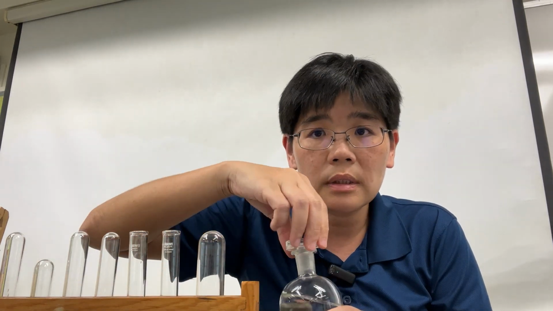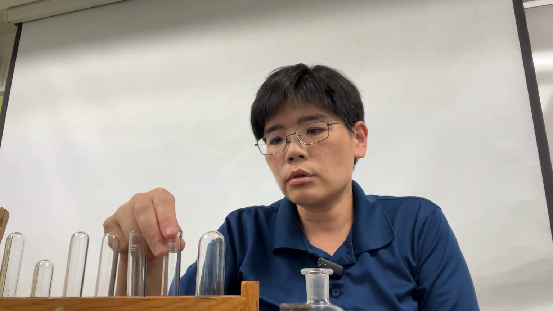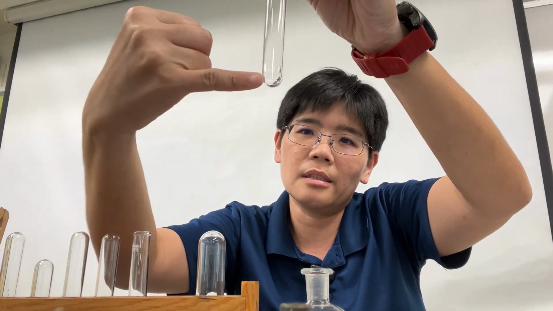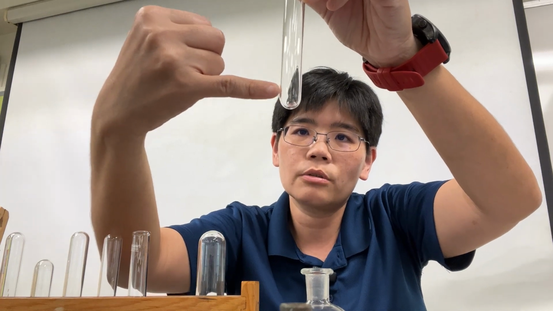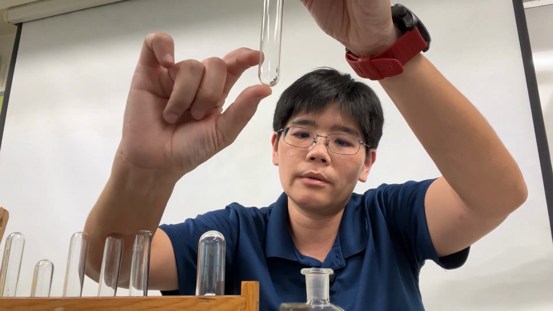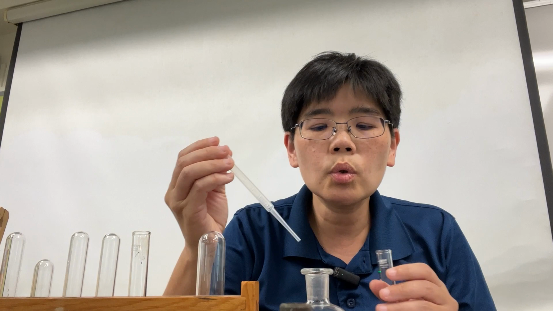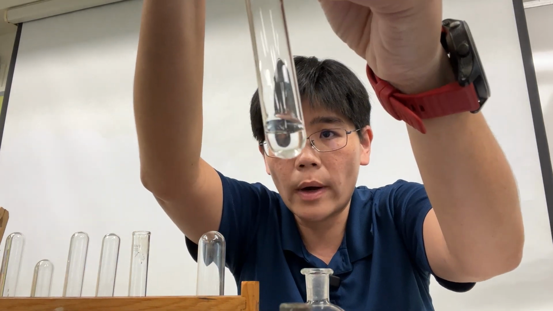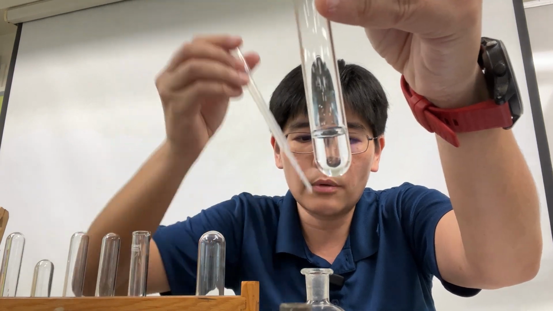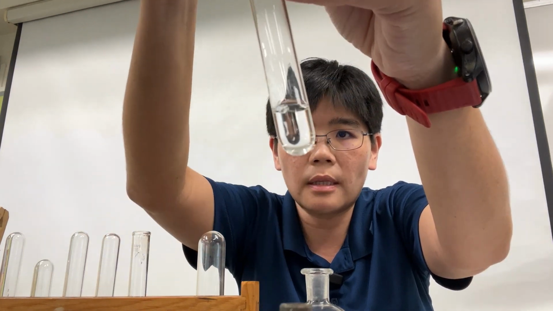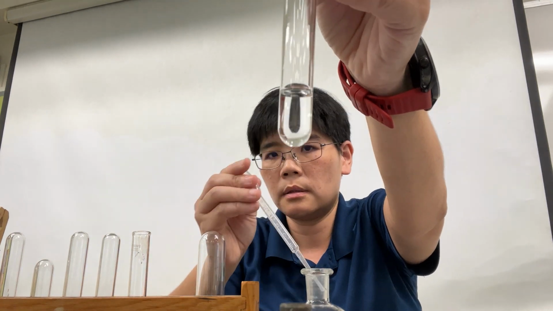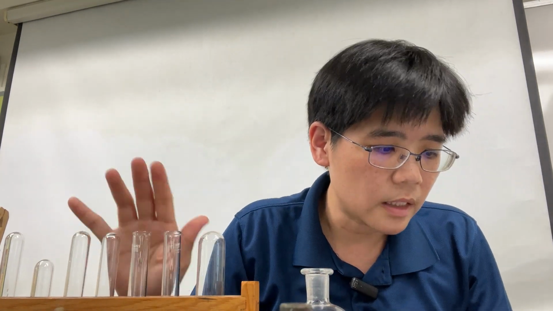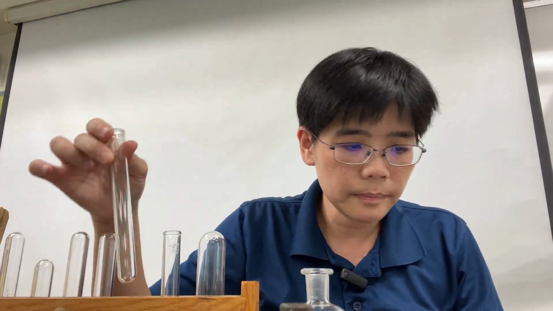I need 2 centimeters depth. 1 centimeter is about the height of a pinky little finger. So 2 centimeters is about there. Here we are, 2 centimeters of sulfuric acid, and leave the other one empty. This is the empty one.